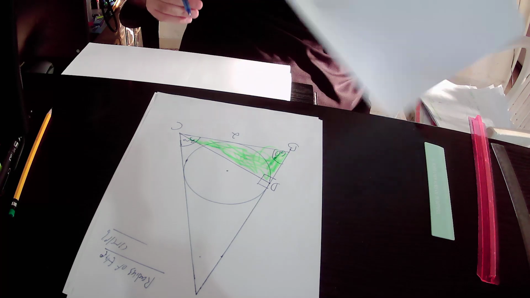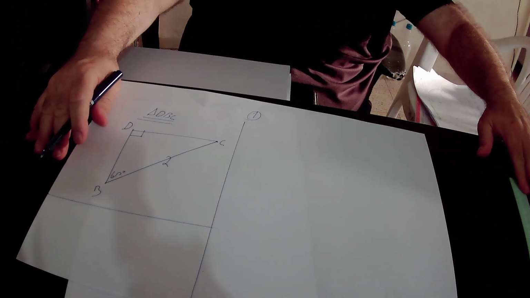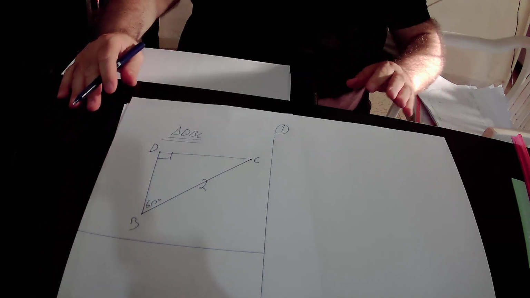So this is the right triangle BDC copied from the original drawing.